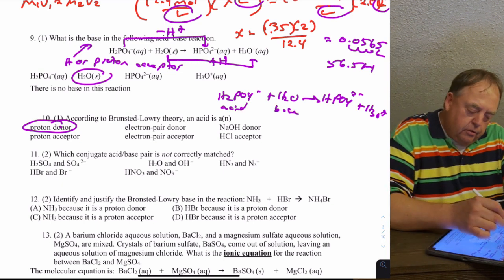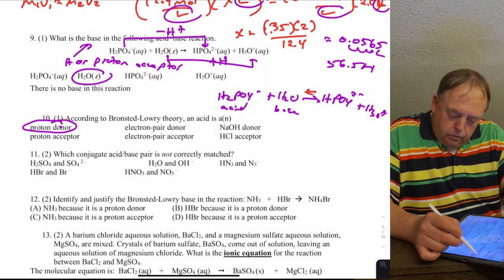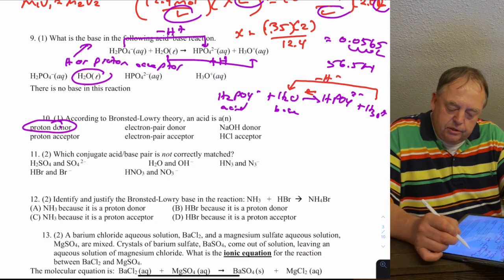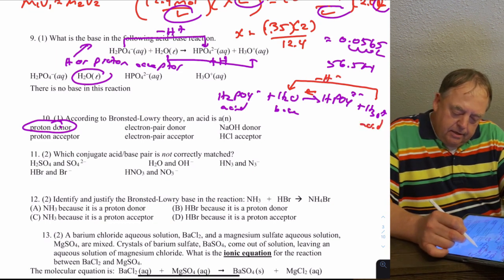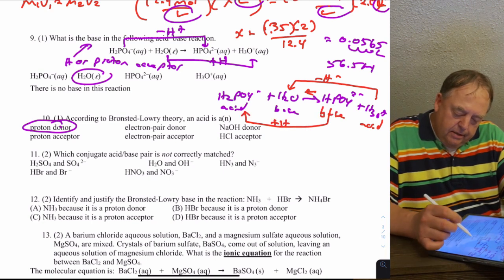So then if we consider the reverse reaction, so H3O plus becomes H2O, so that lost a hydrogen, so that means this is an acid, and then this gains a hydrogen, so that means this is a base.